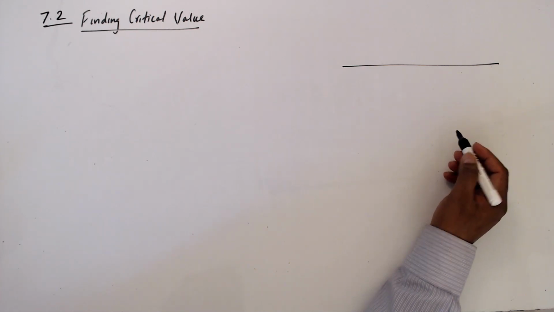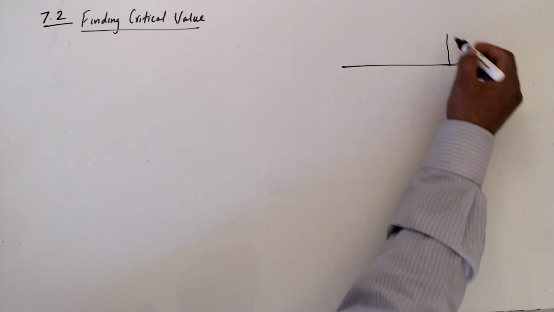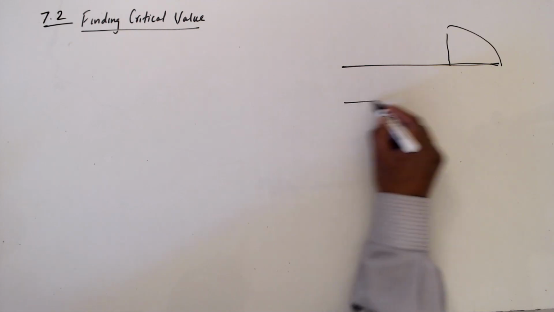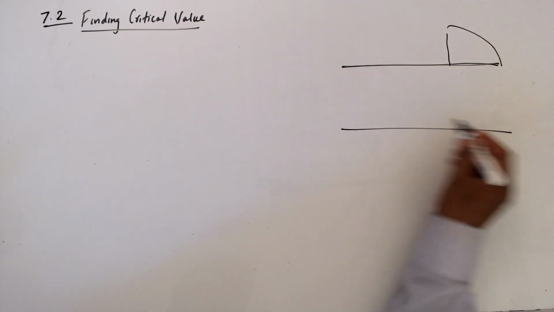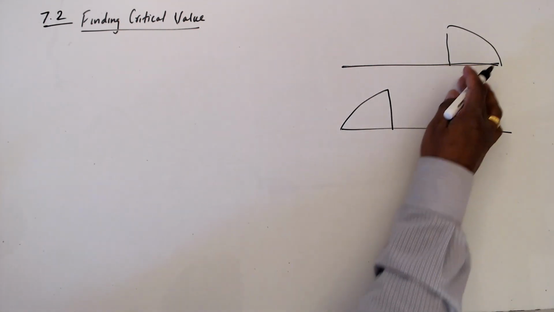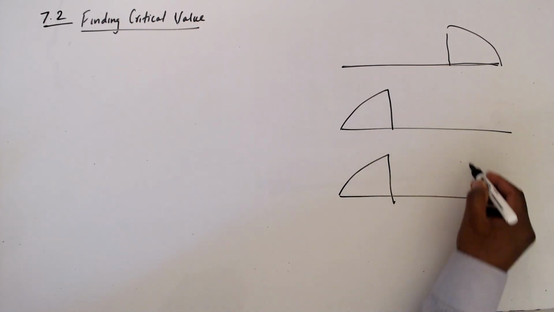Sometimes on a number line it is from the top area, so this is one tail. Sometimes it is from the lower area. This is upper area, lower area. Sometimes it is from both sides.